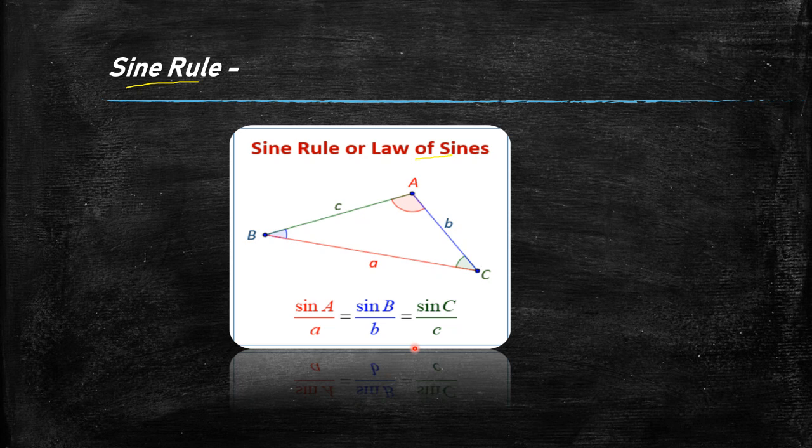That is, the sine of an angle upon the side opposite to that angle equals the sine of another angle of the triangle upon the side opposite to that angle.